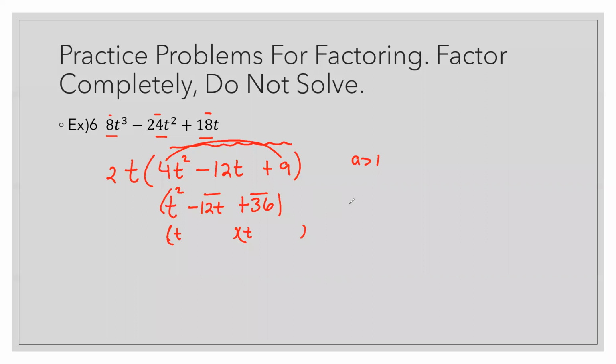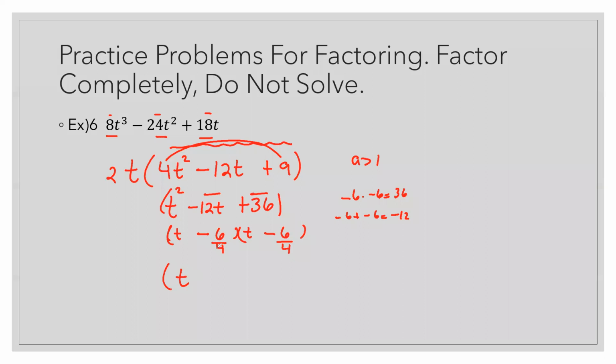Yeah, 6 and 6. We'll use negative 6 and negative 6 because that'll give us positive 36, and when added, gives you negative 12. Then what we're going to do is divide the negative 6 by 4, and divide the other negative 6 by 4, right?